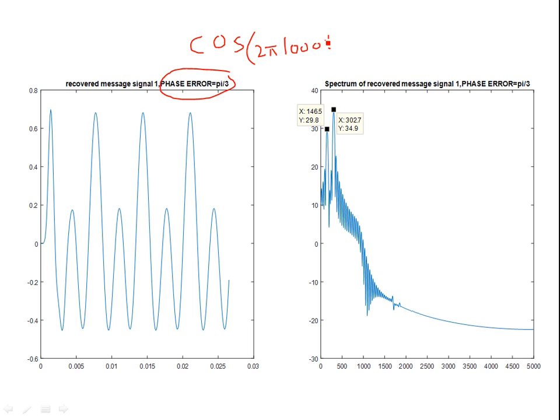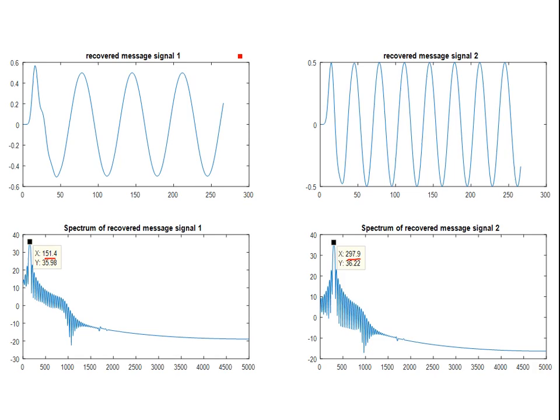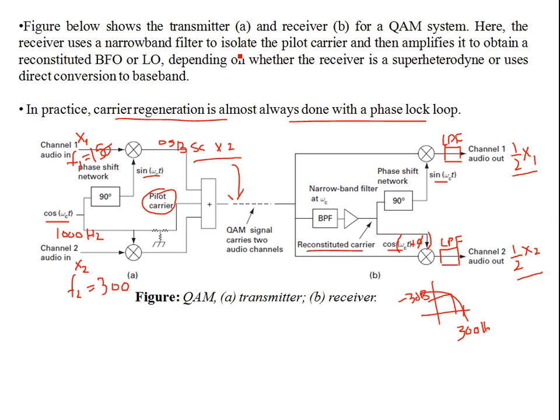We have two carriers in quadrature, plus we have a phase error of pi by 3, which is a 30 degree offset. What happens if you multiply this cosine or sine in the receiver? Over here we have this plus pi over 3. We have this problem now: the phase error. We are not using a PLL here.